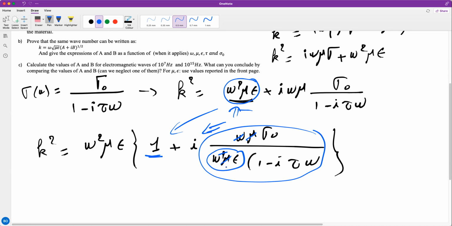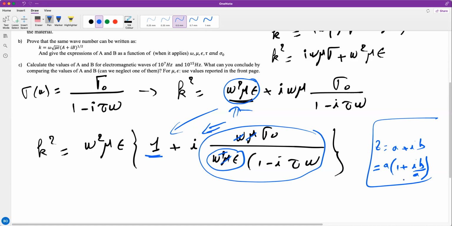Like if I have Z equal to A plus IB, and I want to put A in common, it will be A times 1 plus IB over A, right?